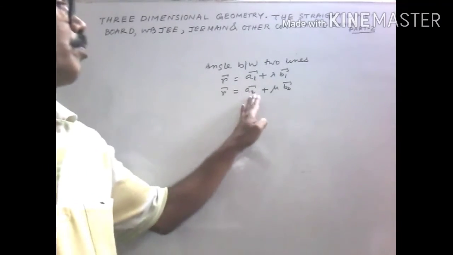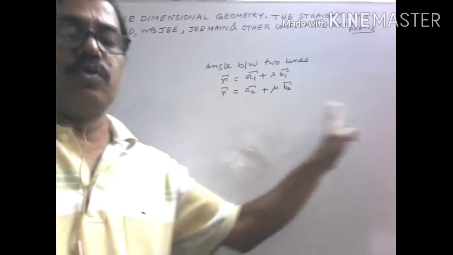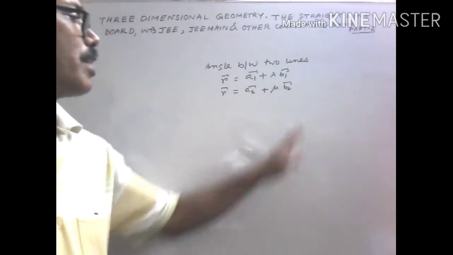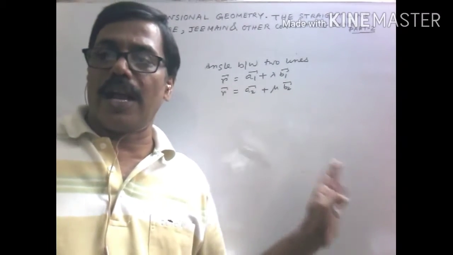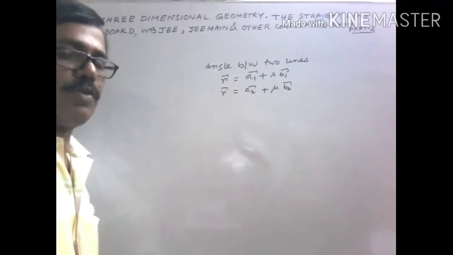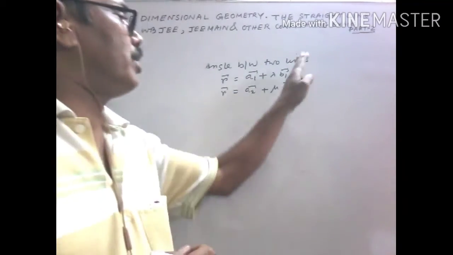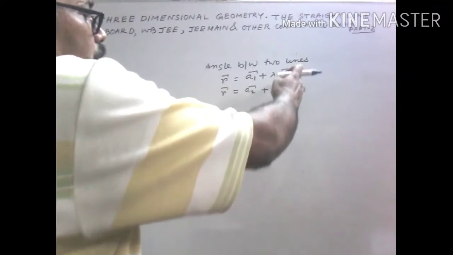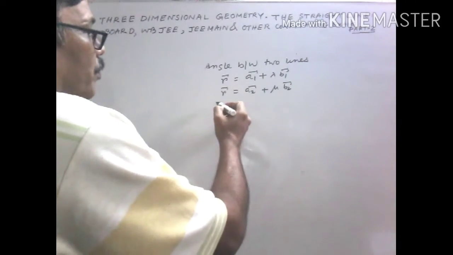So passing through a1 parallel to b1, passing through a2 parallel to b2. That is, angle between the lines is the angle between, one is parallel to b1, another is parallel to b2. So angle between them is angle between b1 and b2.